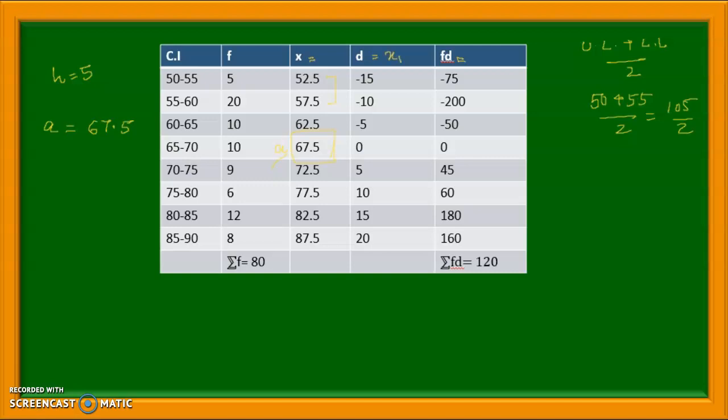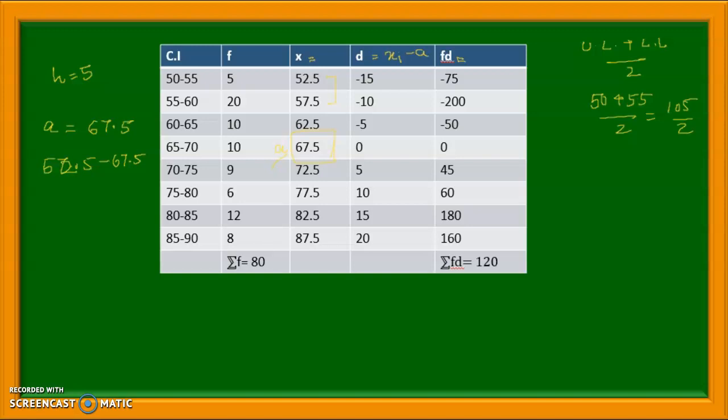Now for each xi, we have to calculate d, that means xi minus a. For the first xi, 52.5 minus 67.5 you will get minus 15. For the next one, 57.5 minus 67.5, we get minus 10. And if we subtract 67.5 from 62.5 you will get minus 5. 67.5 minus 67.5 is 0, and so on we get all the d.